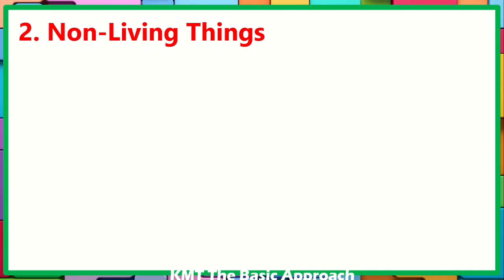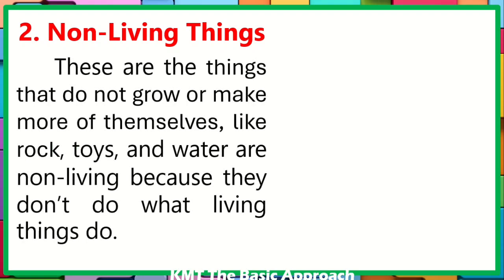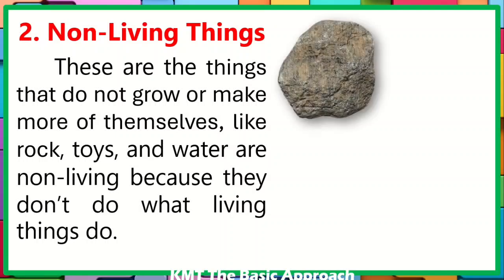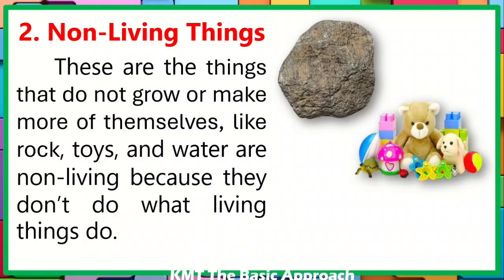Next, we have number 2, non-living things. These are the things that do not grow or make more of themselves, like rock, toys, and water. They are non-living because they don't do what living things do.